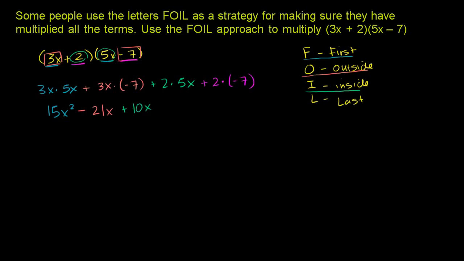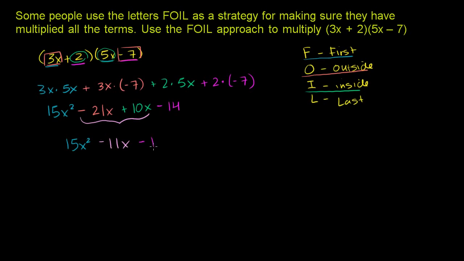And then 2 times negative 7 is negative 14, or now it's minus 14. And we can add these two middle terms together. If we have negative 21x, and then we add 10x to that, that gives us negative 11x. So this right here is negative 11x. And then these other terms over here, we have 15x squared minus 11x minus 14.